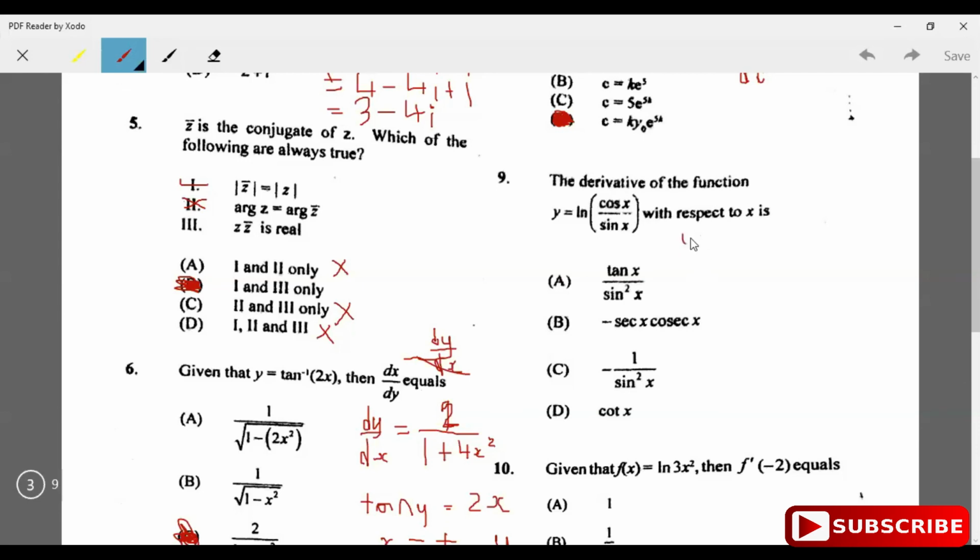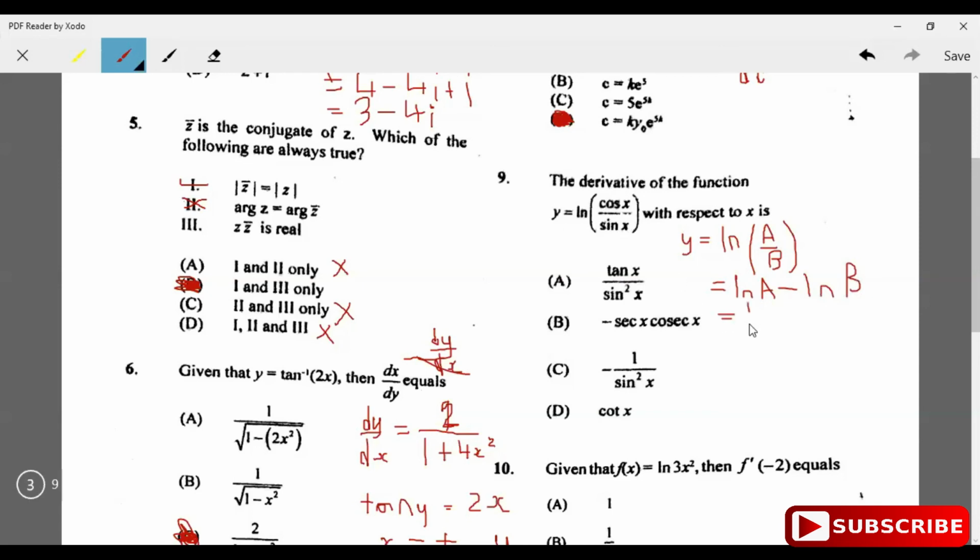So if y is equal to ln u, first and foremost, in this case, we have ln a over b. But what do we know about log functions? We can write this as ln a minus ln b. That's a rule of logarithm. So we can apply that right here to this question.